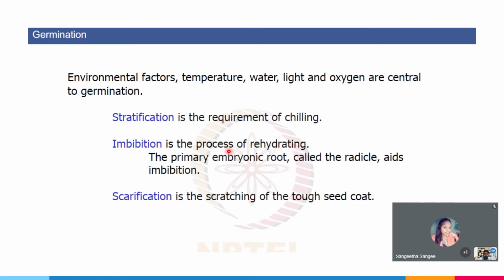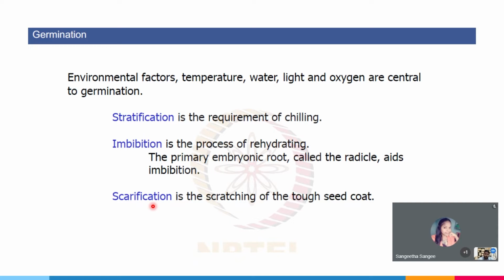Next is imbibition, which is the process, as I said, of rehydrating, where the seed starts taking up water again, and the primary embryonic root called the radicle aids in this process of imbibition. And finally, the process of scarification is the scratching of the tough seed coat, and this can happen when an animal ingests the food and the seed goes through the gut acids, and that produces scratching or roughness on its seed coat, and that is the process known as scarification.